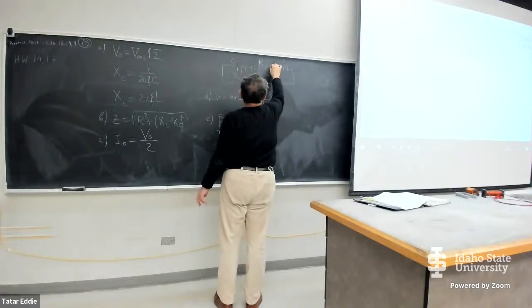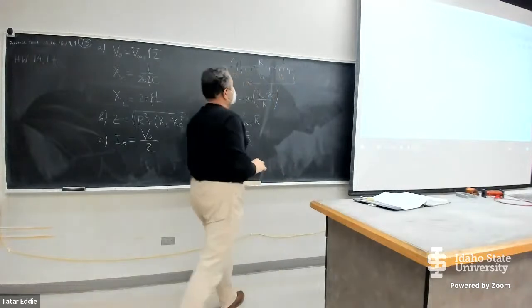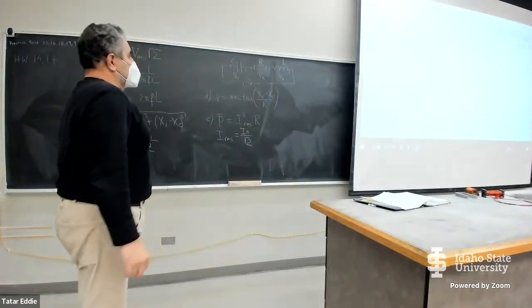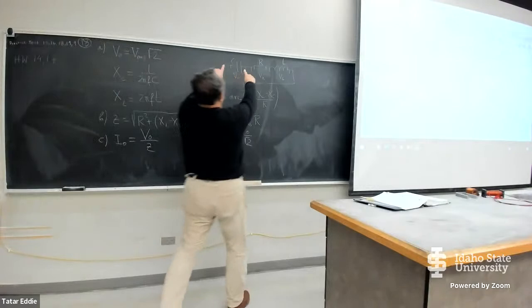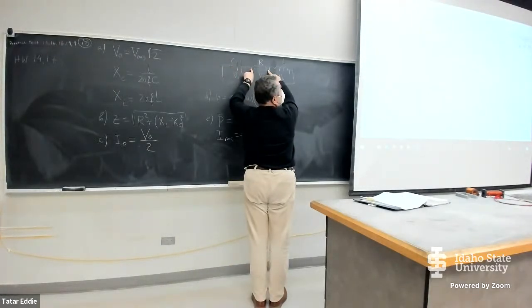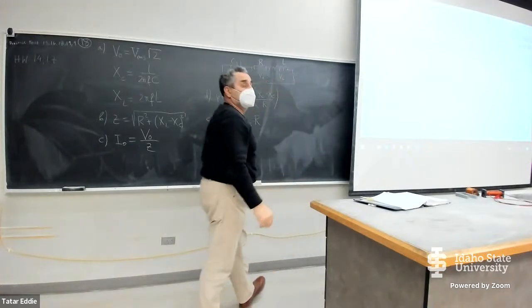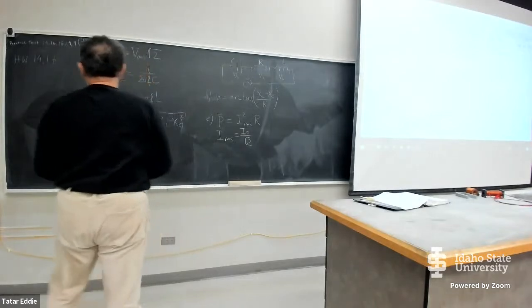Here you measure the voltage across the resistor and the voltage across the inductor. The inductor is right here. So put the voltmeter here for the capacitor, here for the resistor, and then here for the voltage across the inductor.